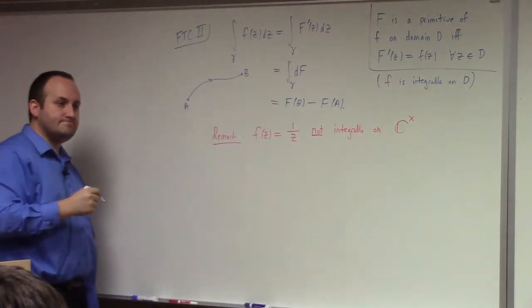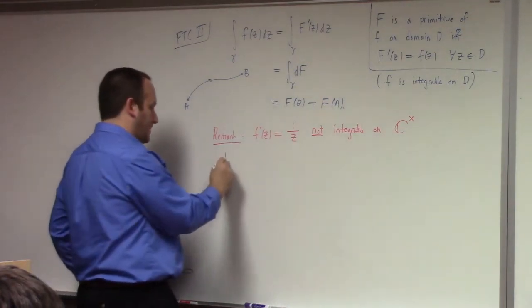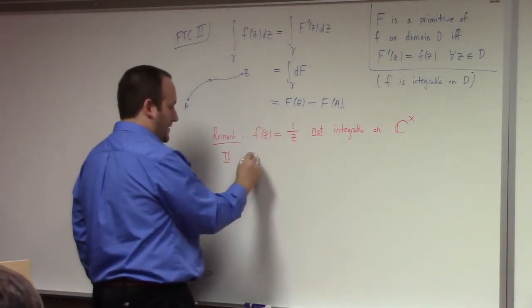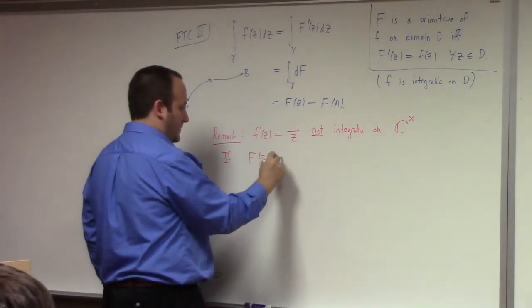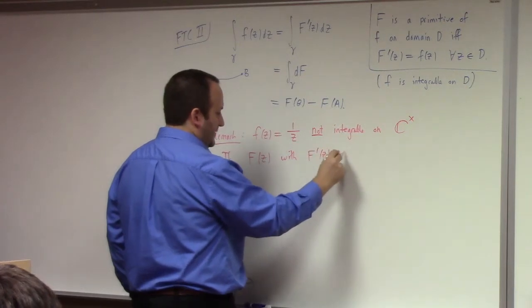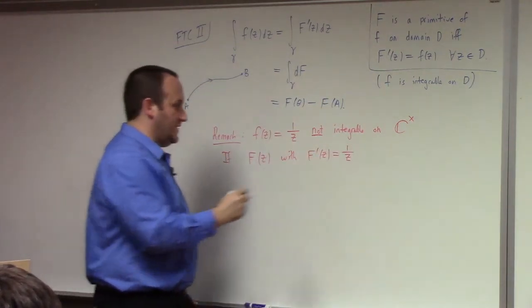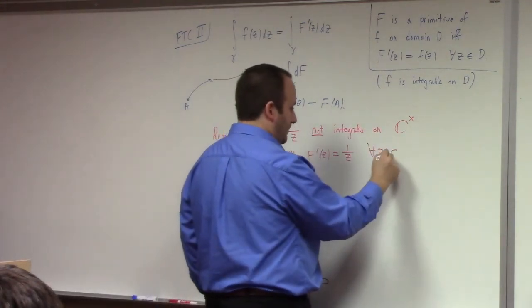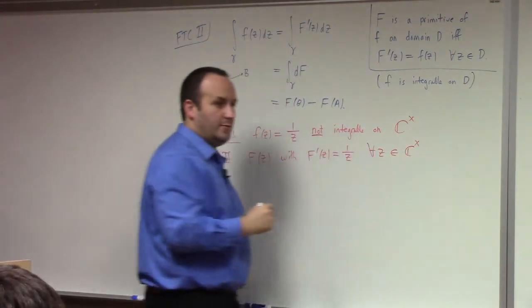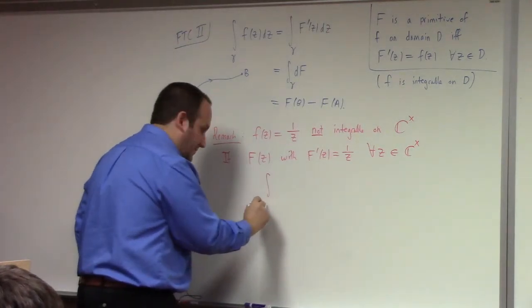Why? If there were an f with f prime of z equal to 1 over z for all z in the punctured plane, then what would we be able to do? For example, we'd be able to do the integral over the loop.